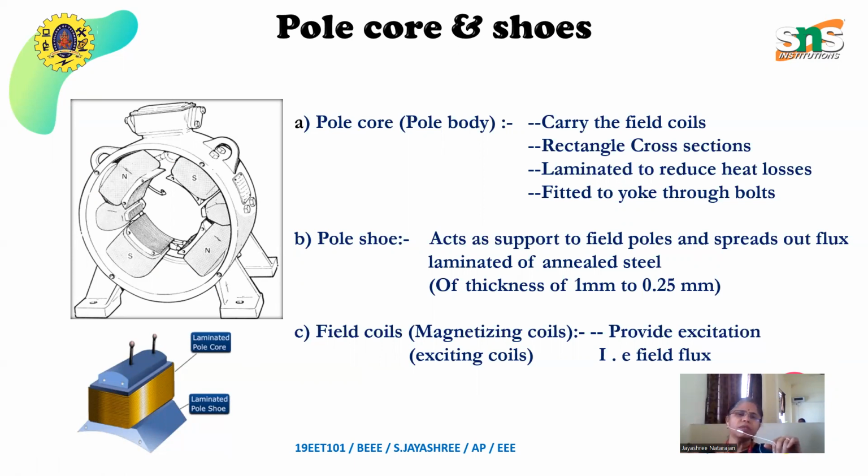The pole shoe acts as a support to the field coils and spreads out the flux. It is laminated, made of annealed steel of thickness 1 mm to 0.25 mm. Then the purpose of field coils is to provide excitation, that is, field flux.